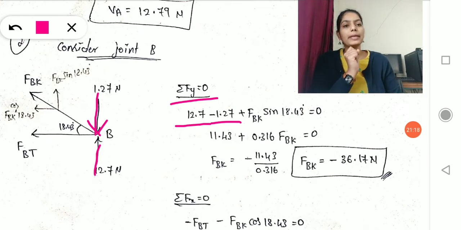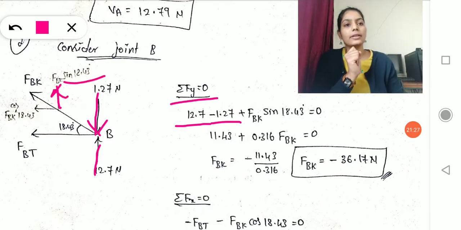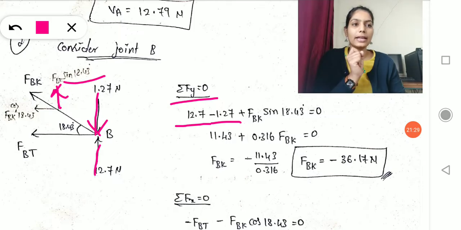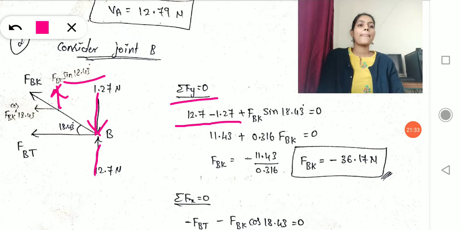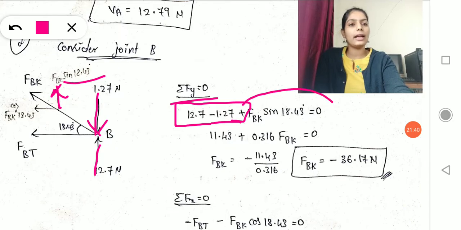Then FBK sine 18.43, which is a vertically upward force, equals 0. Now solve this equation. Take the numerical value to the other side and find FBK.